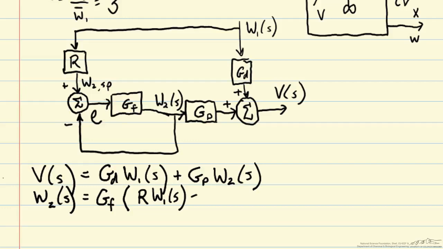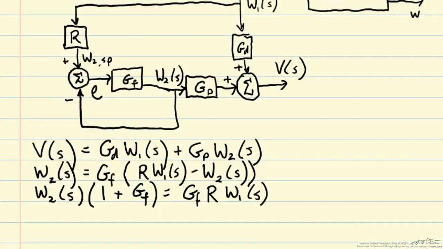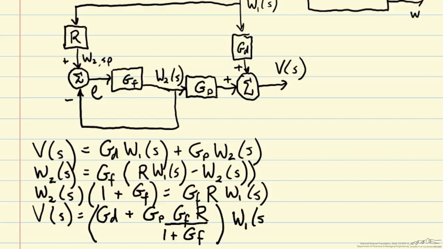Then we'll subtract W2(s). So now we can solve for W2 by combining terms, W2 as a function of W1. And now that we've solved for W2, we can plug that back into our expression for V(s). And now we have a transfer function for how V(s) depends on W1(s).